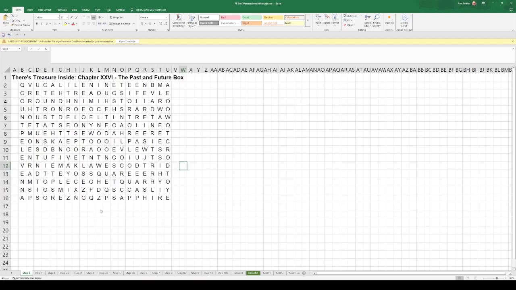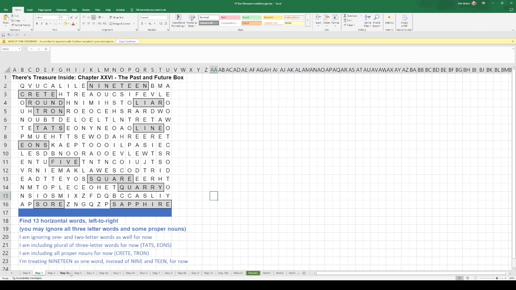So, as you all have probably done word searches, the first step, in my mind, is to find all of the horizontal words from left to right. Now, I found 19: Crete, round, Tron, line, etc. I think it's pretty obvious. In the book itself, there's an instruction below the puzzle that says you may ignore all three-letter words and some proper nouns.